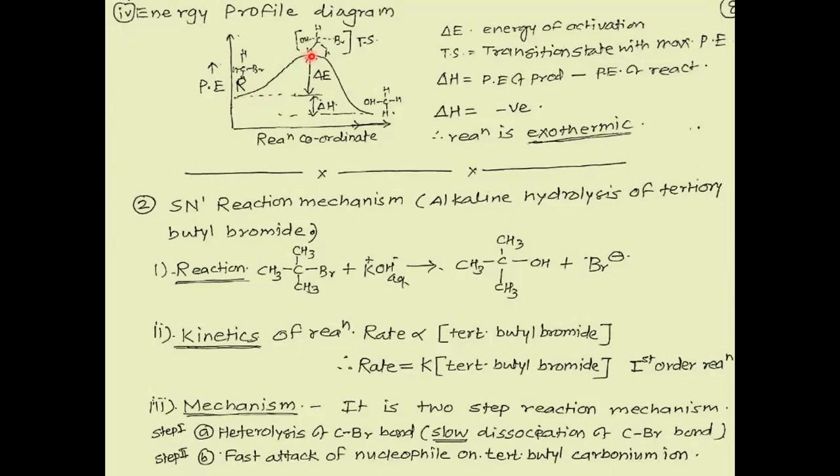Okay, delta E and delta H. Now in this delta H, the product has very much less energy than the reactant. So about stability, we can say that products are more stable than the reactant.